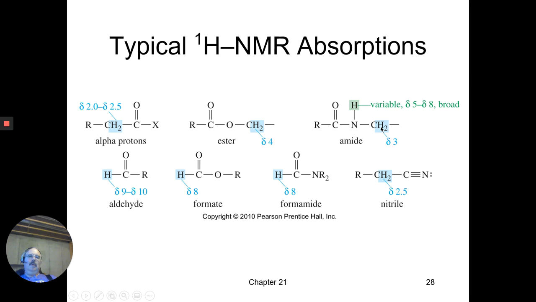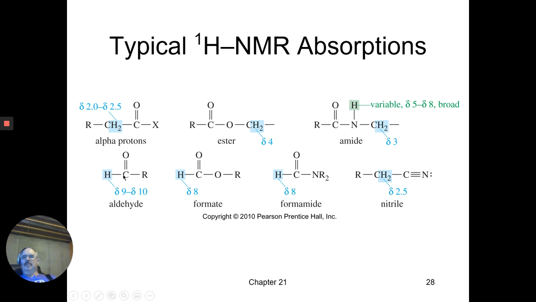Amide N-hydrogens will show up at about 3. Okay, those on a carbon directly attached to the nitrogen. The NH absorption is highly variable, often between about 5 and 8, and often broad.